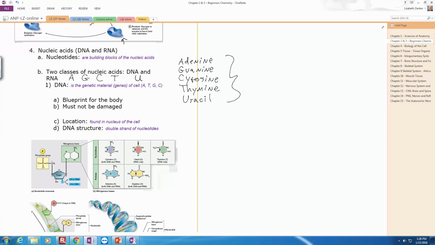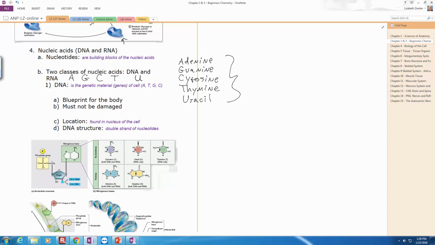So 2 classes of nucleic acids, DNA or RNA. DNA is the genetic material. It has our genes on it for the cell, so this is what's on your chromosomes. You could think of DNA, which is housed in the nucleus of a cell, as like the Joy of Cooking cookbook.